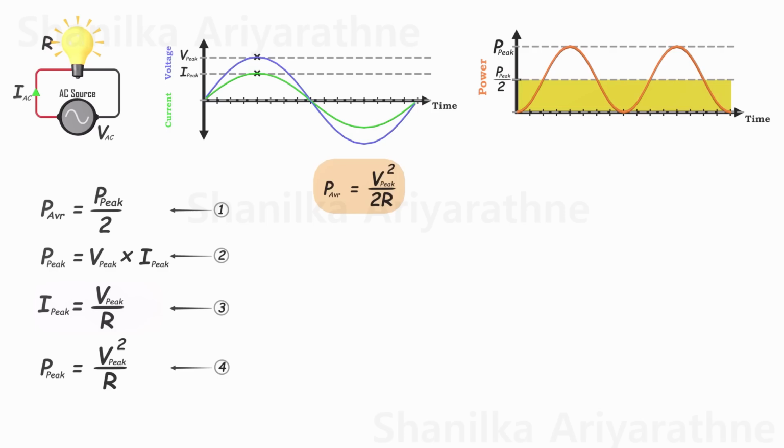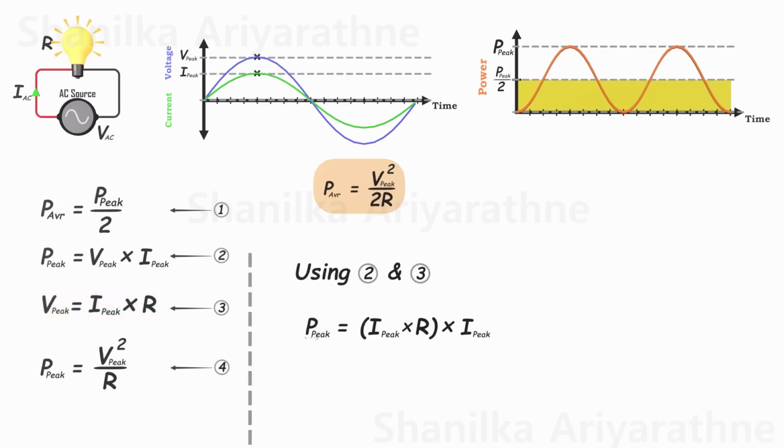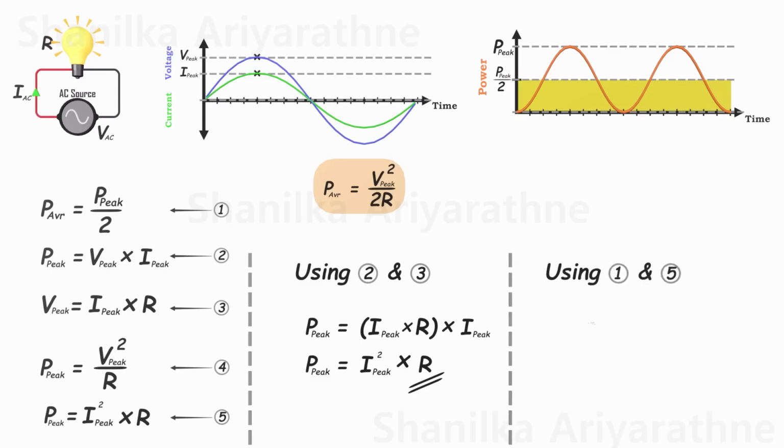Let's revisit equation 3, rearrange it, and express the peak voltage in terms of peak current and resistance. Utilizing equations 2 and 3, we can then articulate the peak power using peak current and resistance, establishing our fifth equation. Now, employing equations 1 and 5, we can formulate the expression for average power using current and resistance.